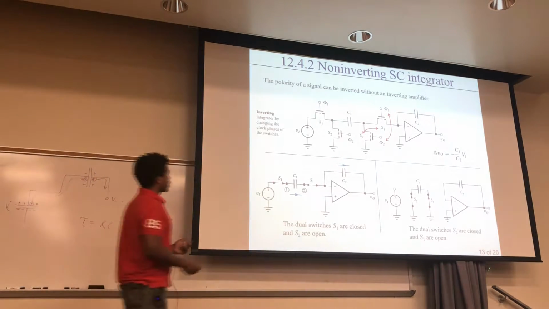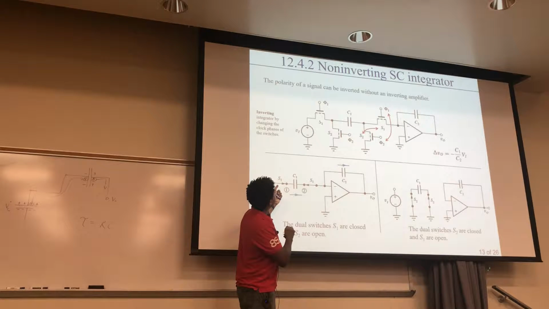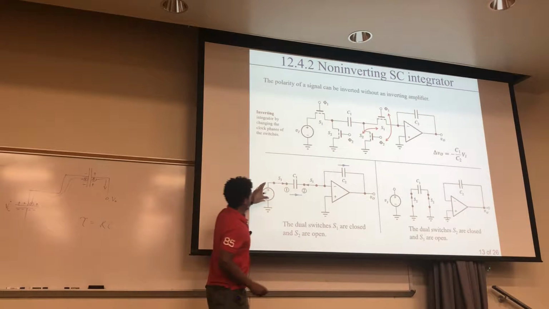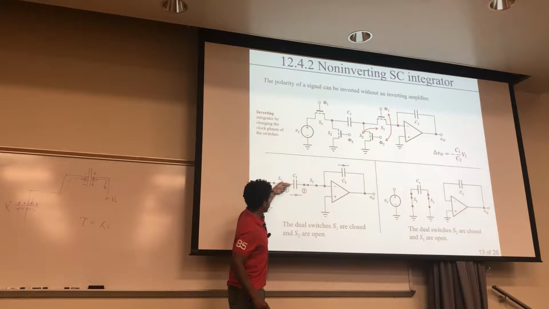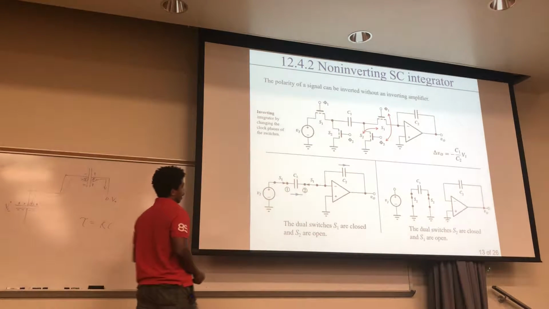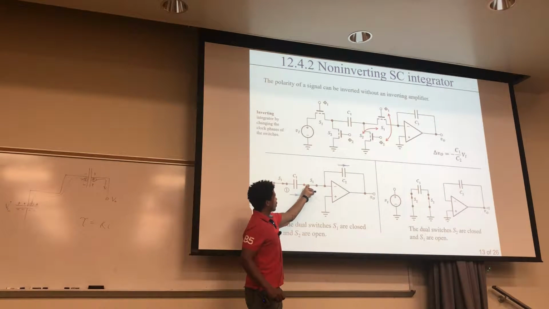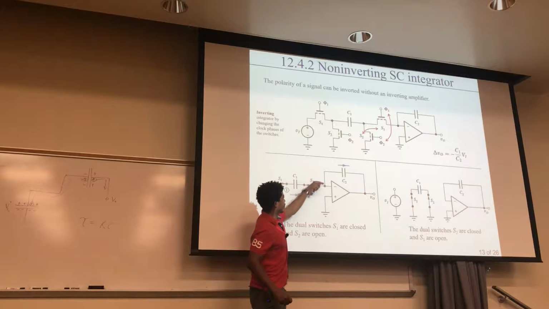And so now what happens when the two S1s are closed, which is that one and that one, is this. You have voltage right here accumulating this direction. The current flow is now going that direction because positive charge is going this direction under here. And negative charge is going this direction, but the negative current flow is the same thing as positive going the other direction, right?